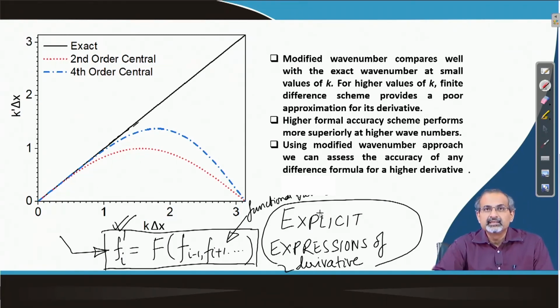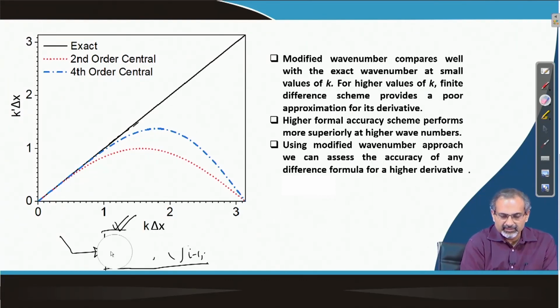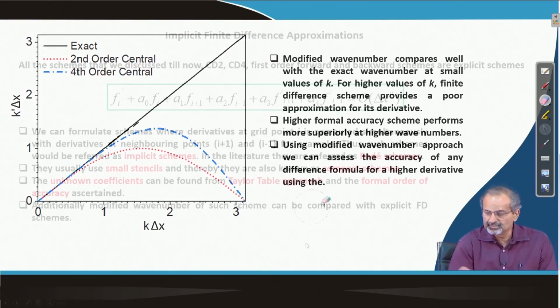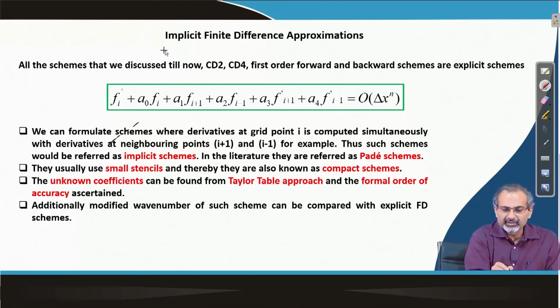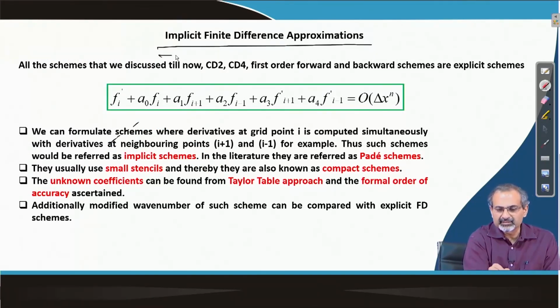Now, there could be schemes where such explicit calculations are not done. Calculations of the derivatives are done by so called implicit means. So, let us have a quick look at the appearance of such schemes. So, we could be having implicit finite difference approximations.